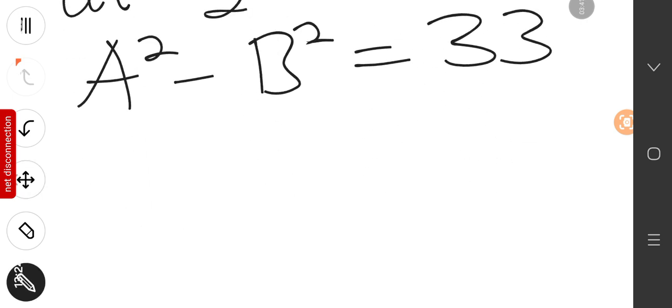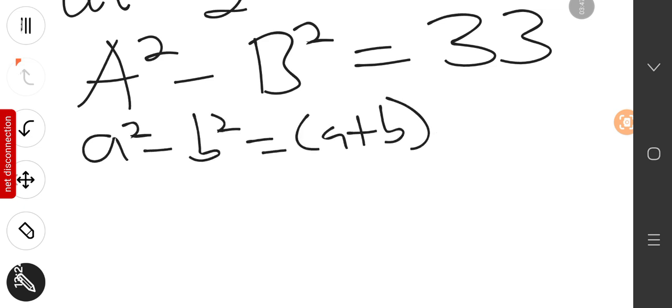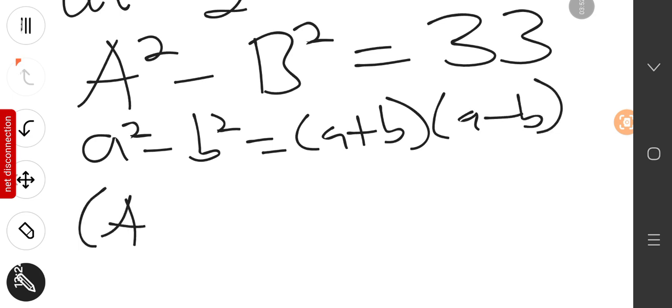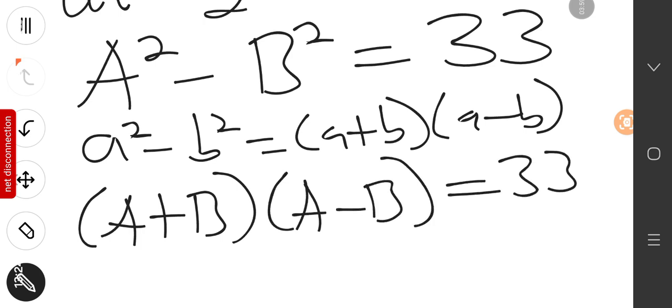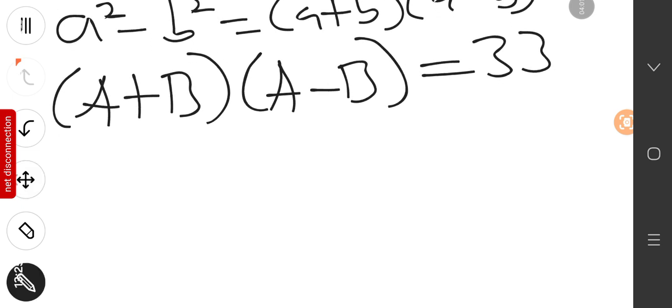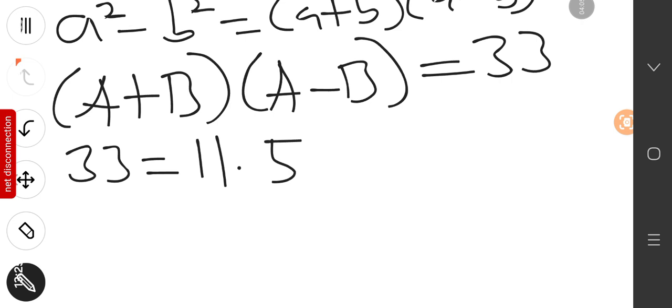Let's apply the difference of two squares: a squared minus b squared gives us a plus b times a minus b. So our equation becomes a plus b times a minus b equals 33. Now, 33 is the same as 11 times 3, and also the same as 3 times 11.